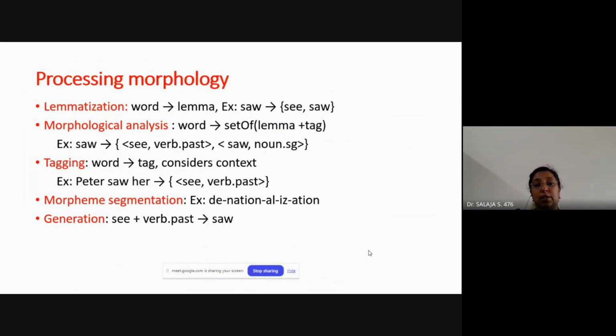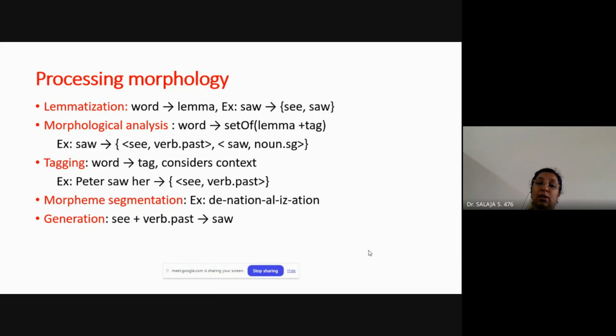To be more specific, morphology processing has various terminologies or phases. The first one is lemmatization, where you talk about a word and you try to produce different meanings out of it. So, saw can be a past tense of see, or saw can be a noun which talks about the saw itself. So, what does a morphological analysis do?